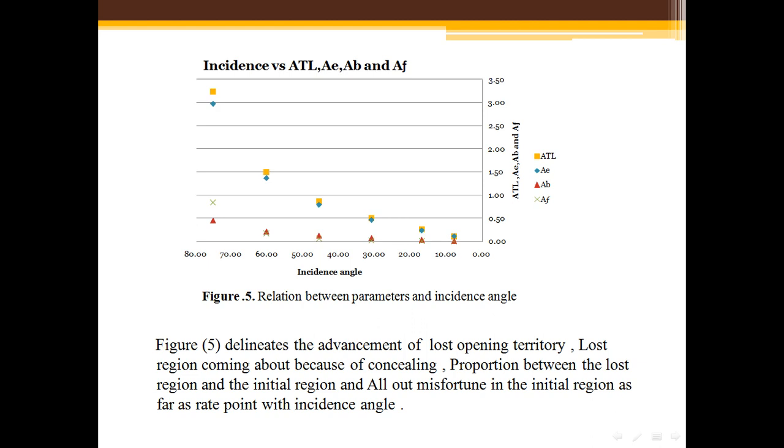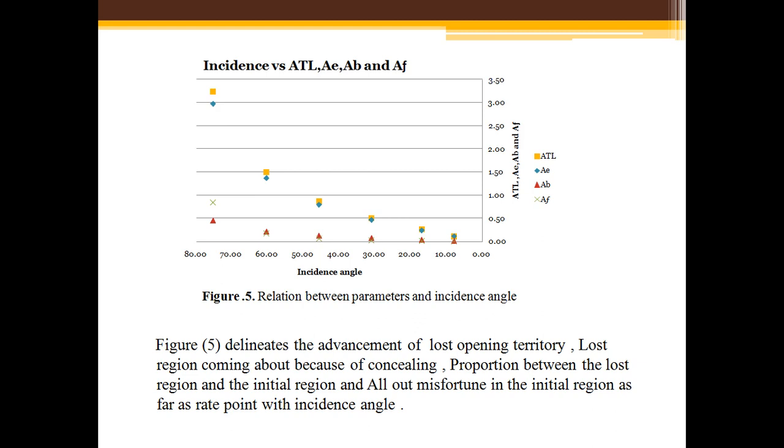The result shows that the total losses in the opening area change directly with the change of the incidence angle, proportionally to this angle. This means that increasing the incidence angle value increases the total losses in the opening area.